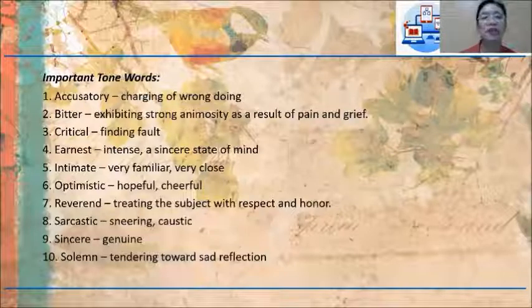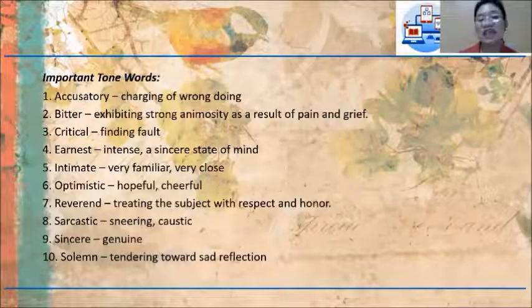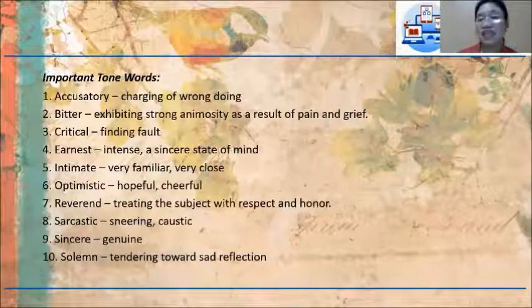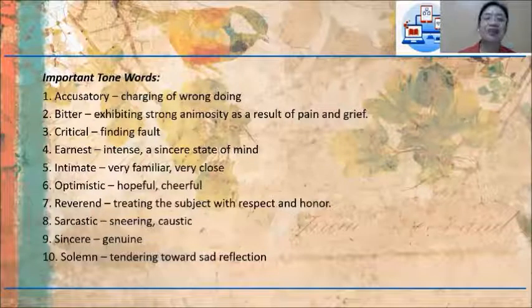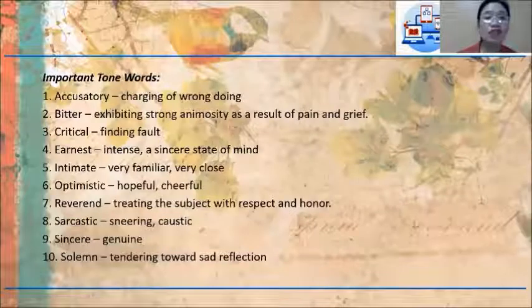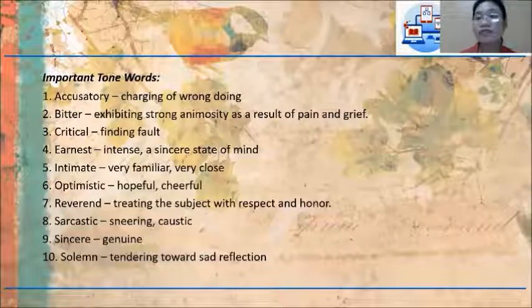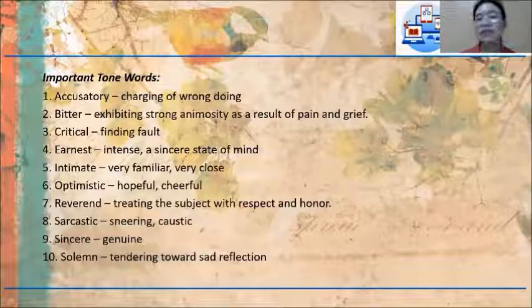Okay. And then we have earnest. When you say earnest, it is an intense and a sincere state of mind. Okay. And we have also intimate. Intimate means very familiar or very close. Okay. Intimate. Okay.